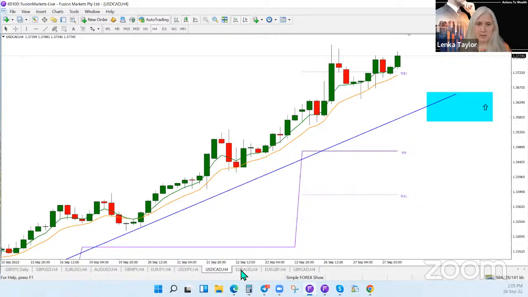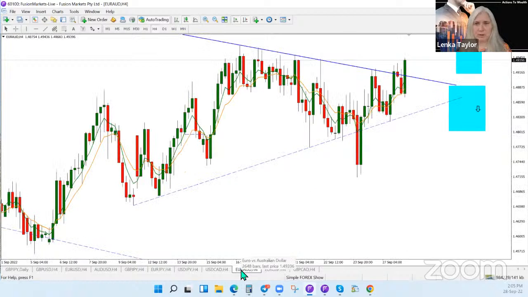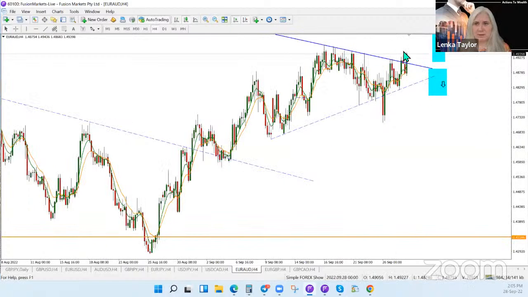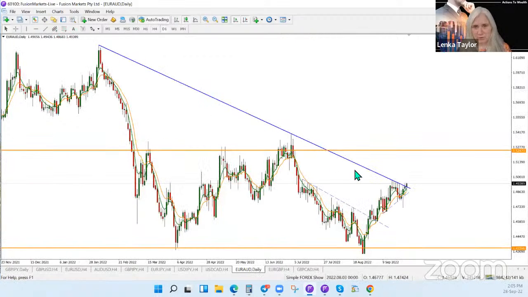Next currency pair I'm looking at is EURAUD. And EURAUD, I'm still looking for that decision. So either going short if price stays below that trend line, which has been retested so many times, and now we have price action above.